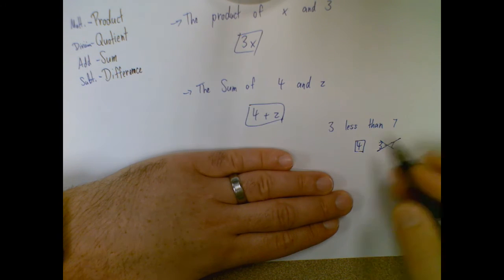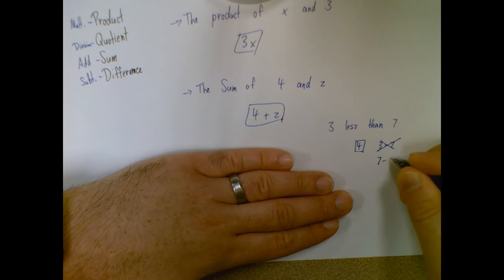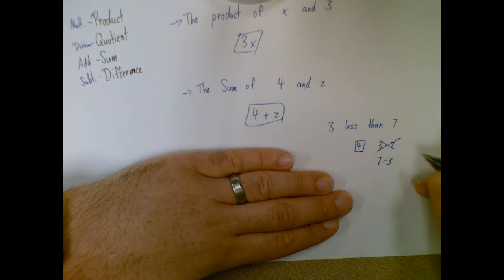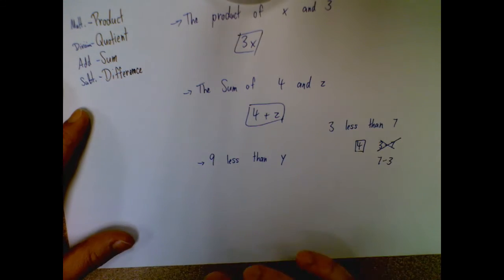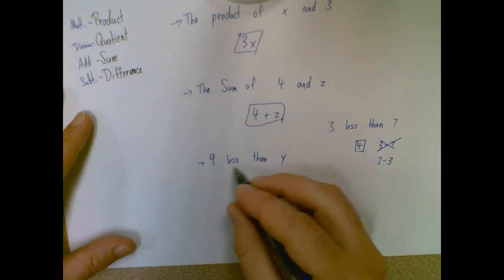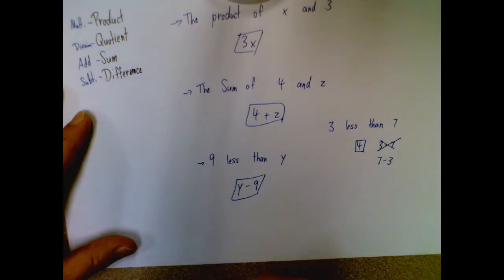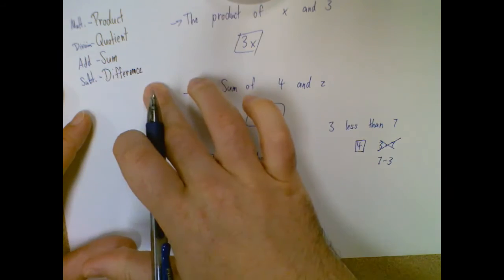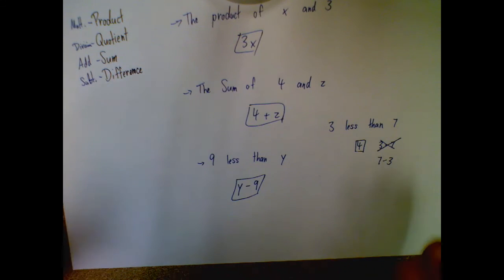So to get 3 less than 7, you're actually going to have these numbers backwards, so it's 7 minus 3. Okay, be very careful with these. More than is not as big of a deal because it's addition, so it shouldn't matter, but less than is a tricky one. So in this case, it's not 9 minus y, it's y minus 9. Okay, follow your keywords here and be careful of some of these tricky loopholes, and you should be okay.